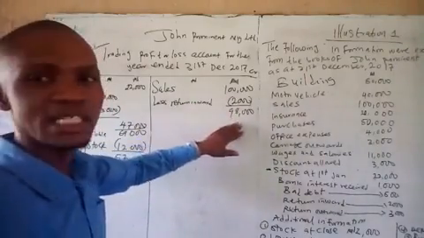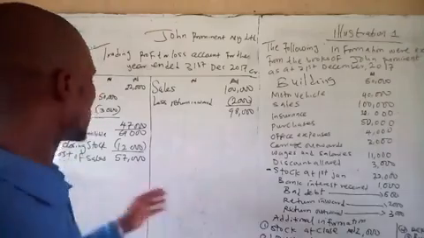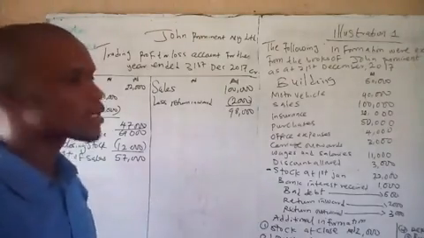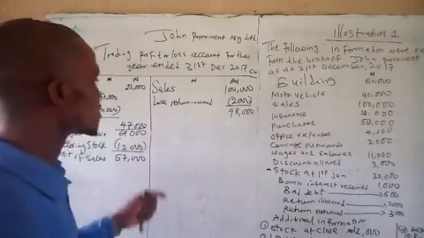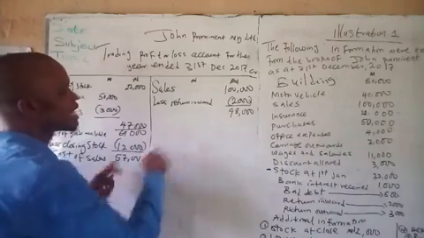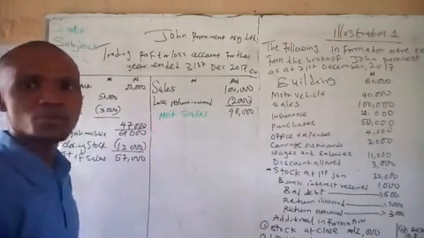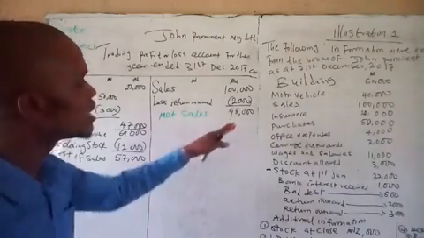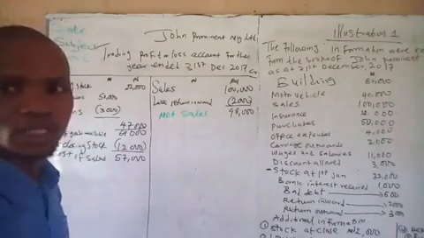Now this is our net sales, or revenue. Then the next thing is to determine our gross profit. Gross profit is the difference between net sales or revenue and the cost of sales.